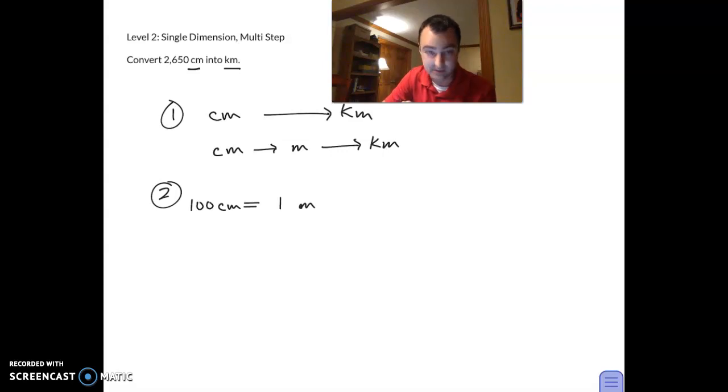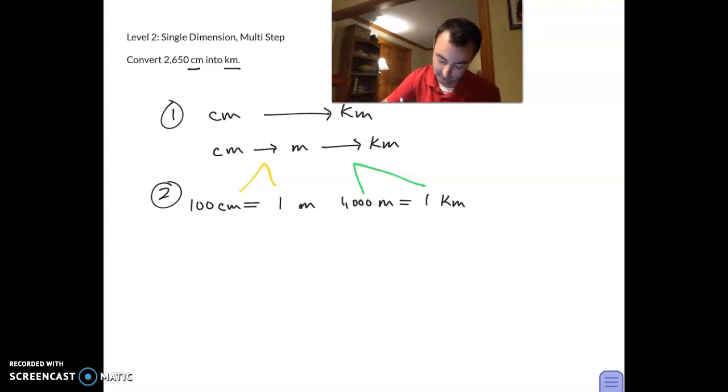And from the previous slide, we know that there are 100 centimeters in 1 meter. And then we also need an equality for meters to kilometers. So if you have 1 kilometer, we know that that is 1,000 meters. So this equality is for this step, and this equality is for the second step.